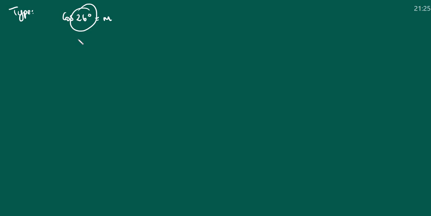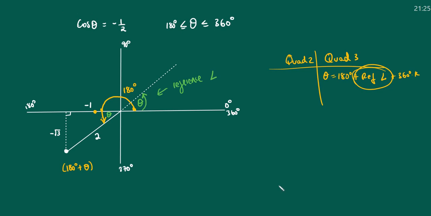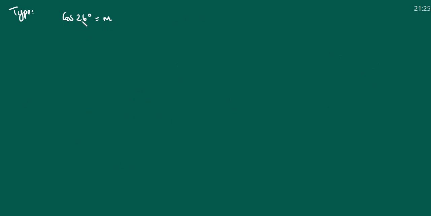You must understand that. Unlike the previous ones, whereby you didn't know what the angle is, we were just telling you that it's between this and that. Here already you are given the angle, so you are not really given a restriction. That is why with these problems, you treat them as if they are in the first quadrant, all of them. You treat them as if you are working in the first quadrant.